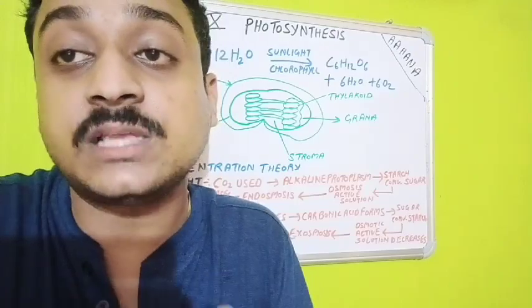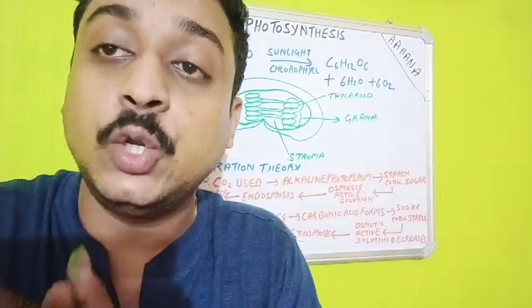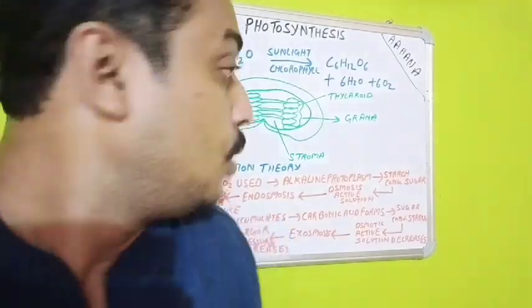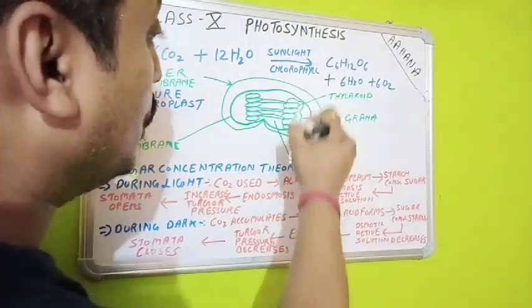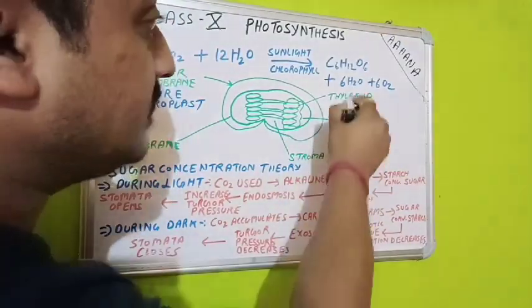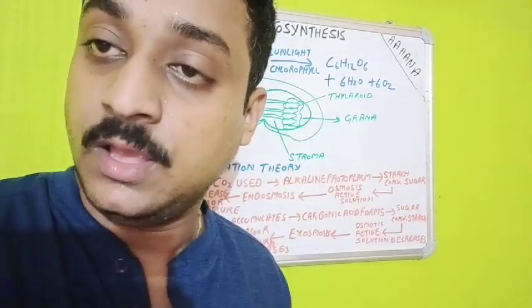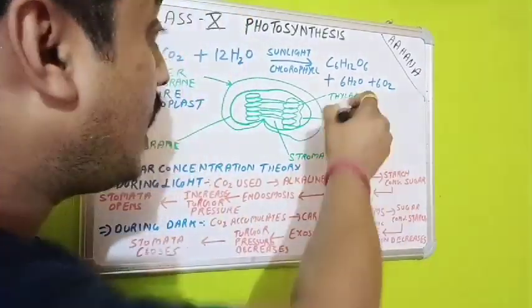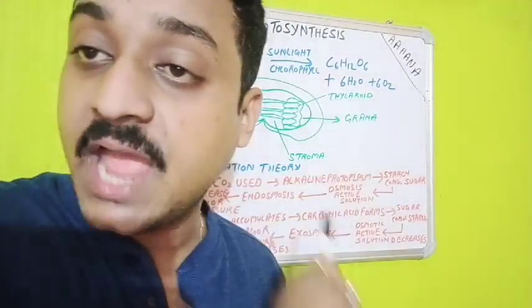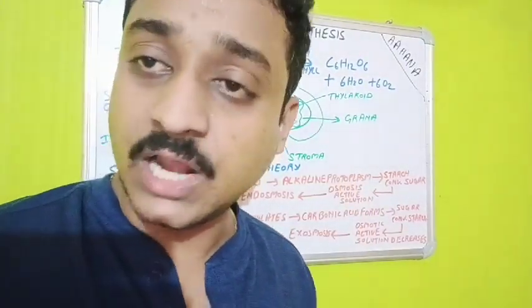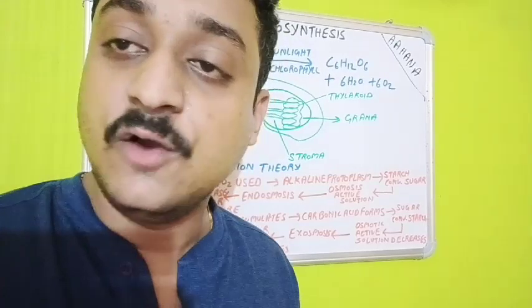In the chloroplast it is divided into grana and stroma. What is grana? The group of thylakoids is called grana. What is thylakoid? The round sac-like structure consisting of chlorophyll is called a thylakoid. So the thylakoid is the home of the light reaction of the photosynthetic part.